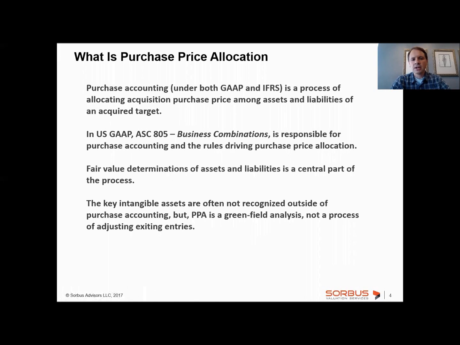Purchase accounting is a process of allocating acquired assets and liabilities after an M&A transaction on the acquirer's balance sheet. There are obviously specific regulations or GAAP requirements for doing that, and the section of the accounting standard codification, or rather Topic 805, covers this.